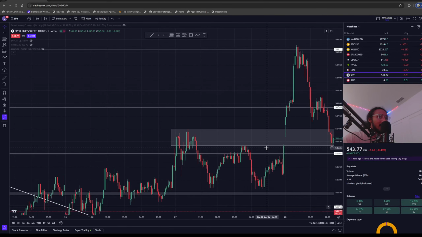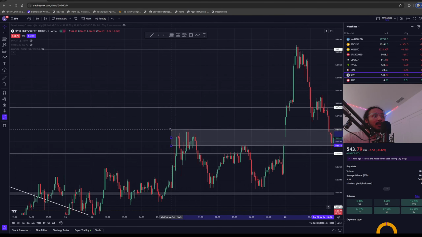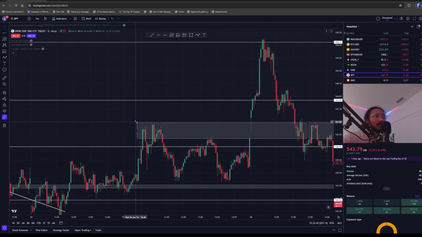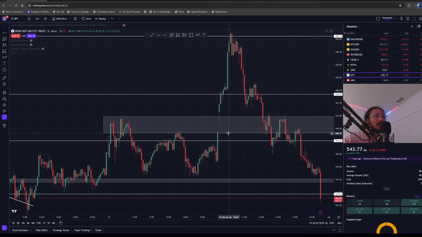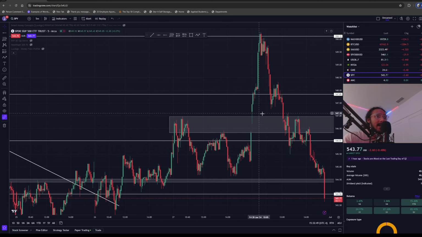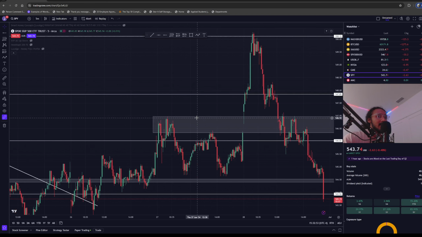So what I had done, I had taken this high because this is just where the peak of market yesterday was, right there. And then I drew the bottom of my box to market close yesterday. There was a gap when the market opened up, and I was taking my position on entering on the dip into the gap.